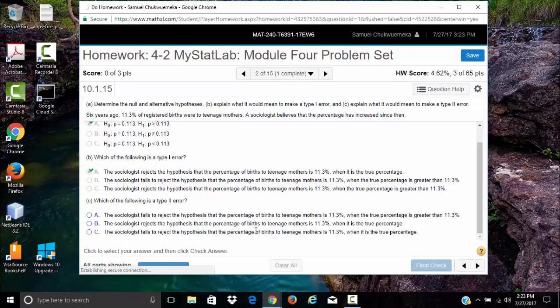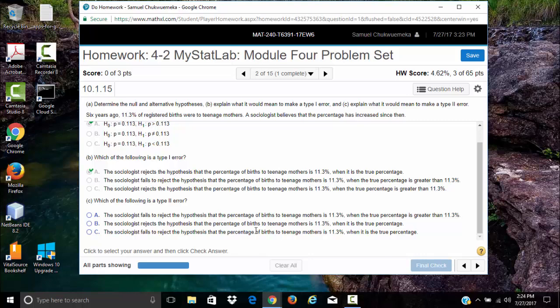Type 2 error means that the null is not true, but you fail to reject it. Fail to reject, like I said, means you accept it. It's not true, but you went ahead and accepted it. But we don't use the word accept because we're not trying to prove anything.